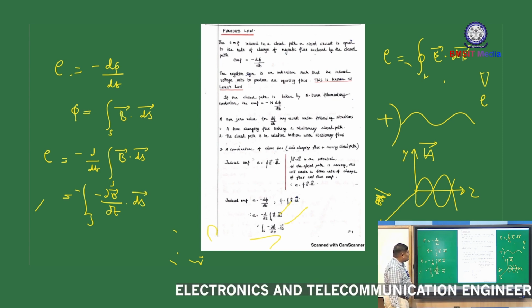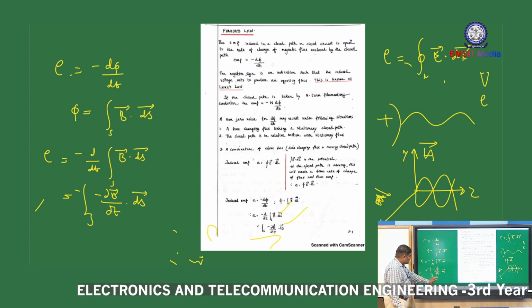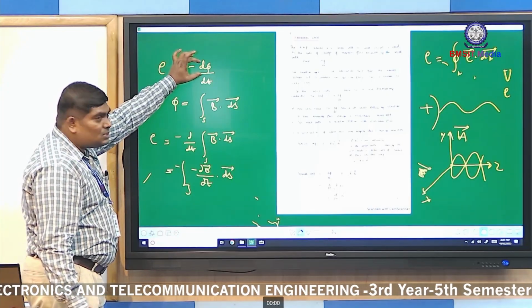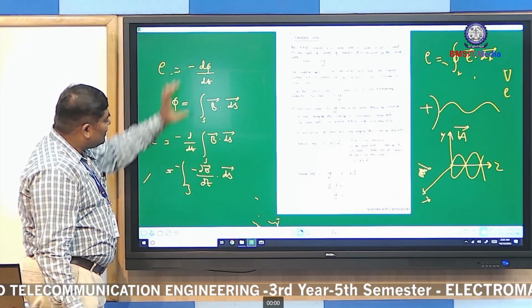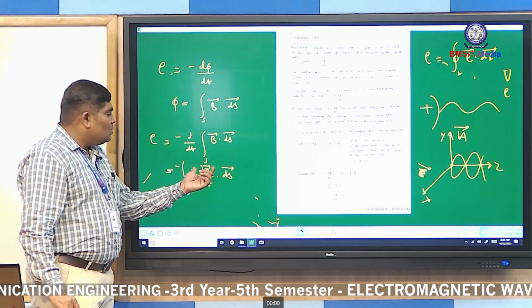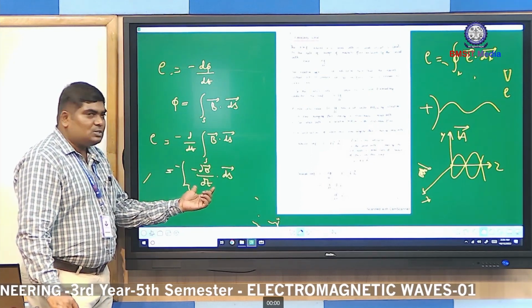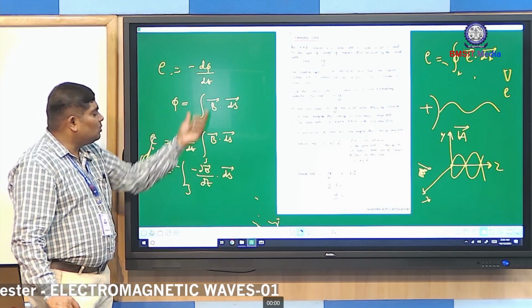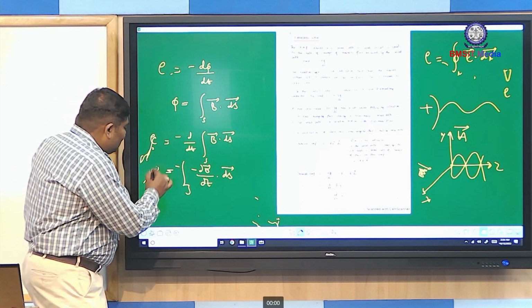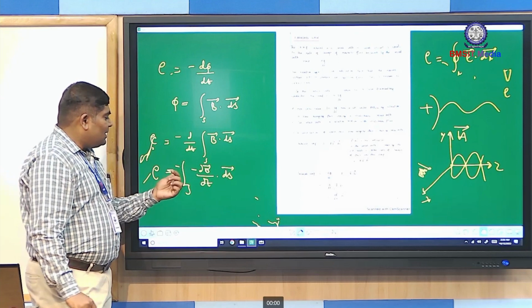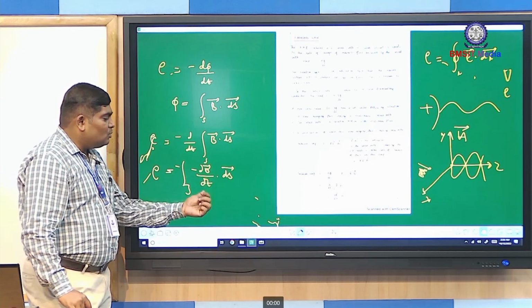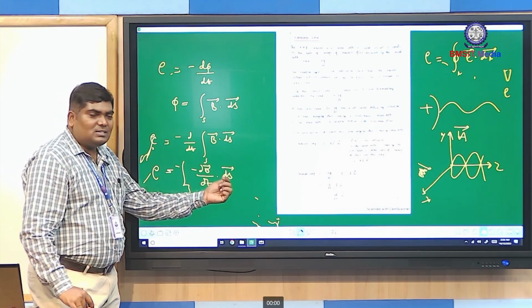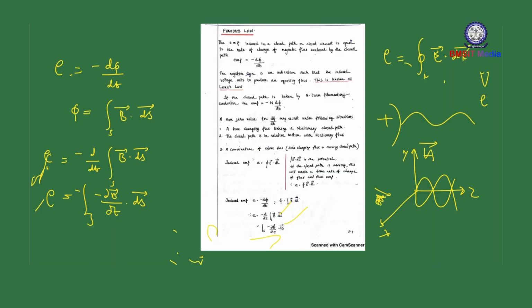Instead of flux, we have converted it in terms of flux density. Variation of flux density with respect to time we have considered here. You will get the EMF equation as E equals minus the surface integral of dou B by dou t dot ds, that is the incremental surface area, right?